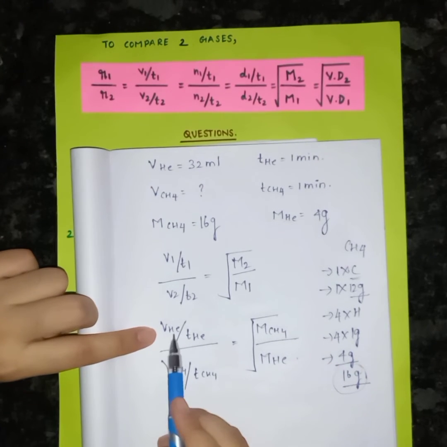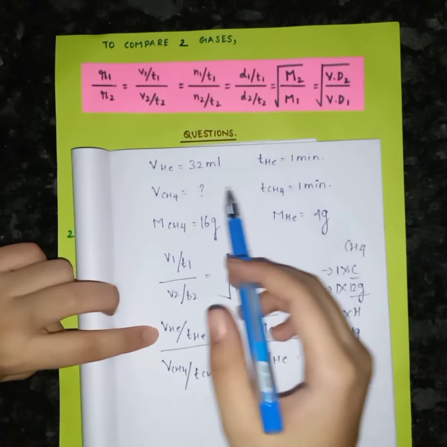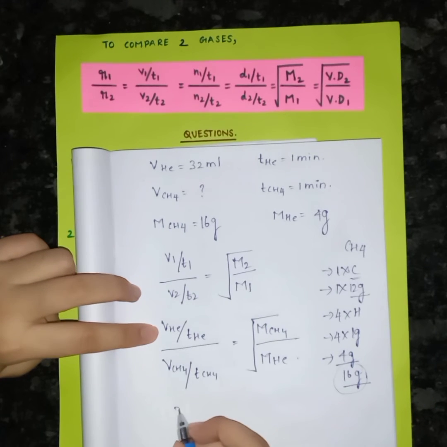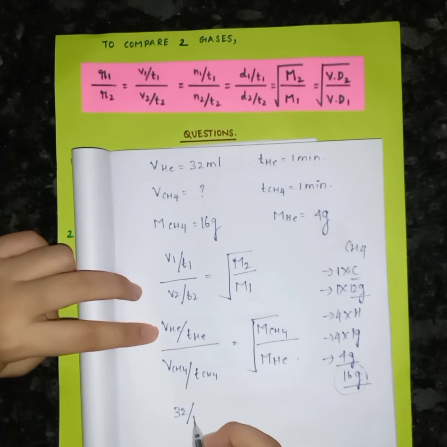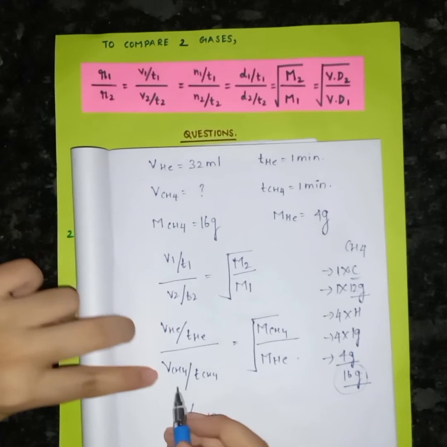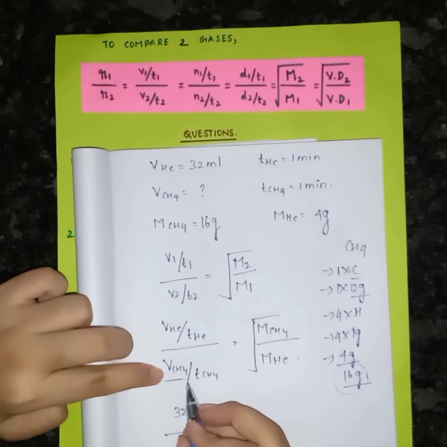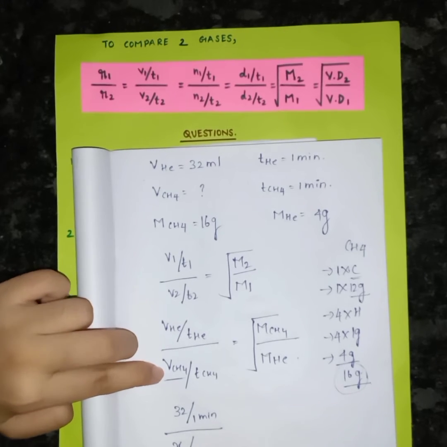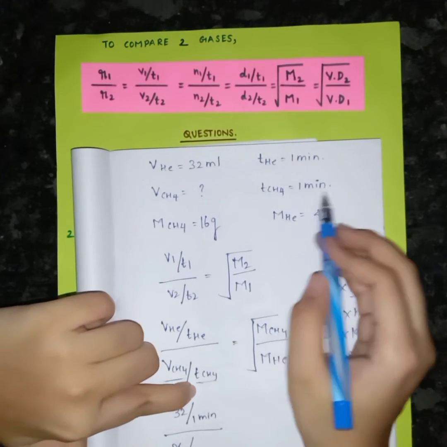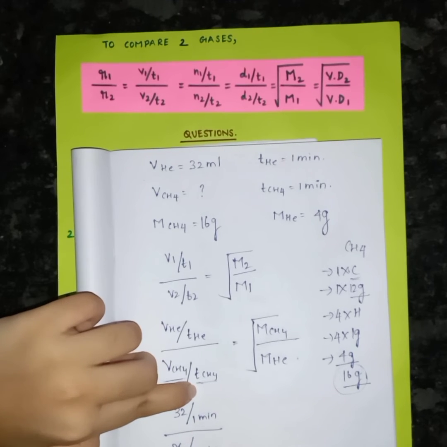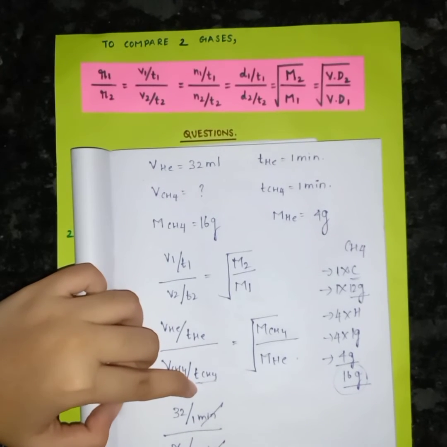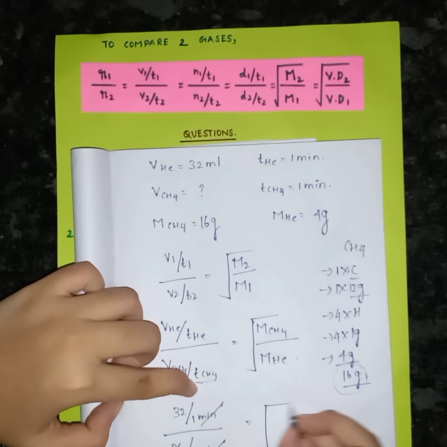So, helium takes 1 minute and the volume of helium is 32 ml. 32 divided by 1 minute, and volume of methane, we need to find this value, so I am taking the value as x divided by time taken by methane is also 1 minute. This 1 minute gets cancelled.